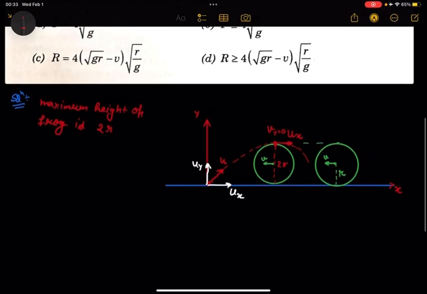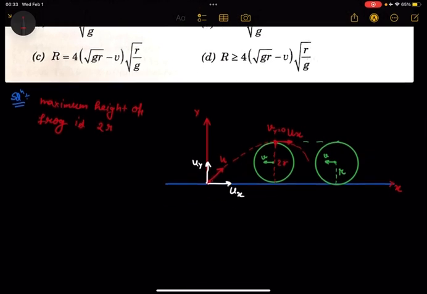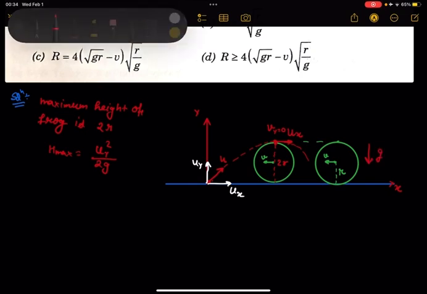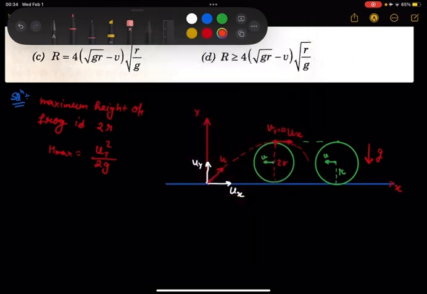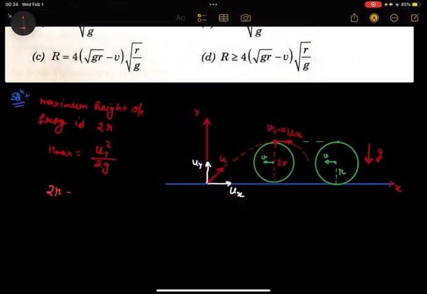The maximum height is equal to uy square upon 2g, because the acceleration is g. So h max is equal to u square by 2g. We can say that h max, 2r, is equal to uy square by 2g, and finally uy is 2 square root of gr.